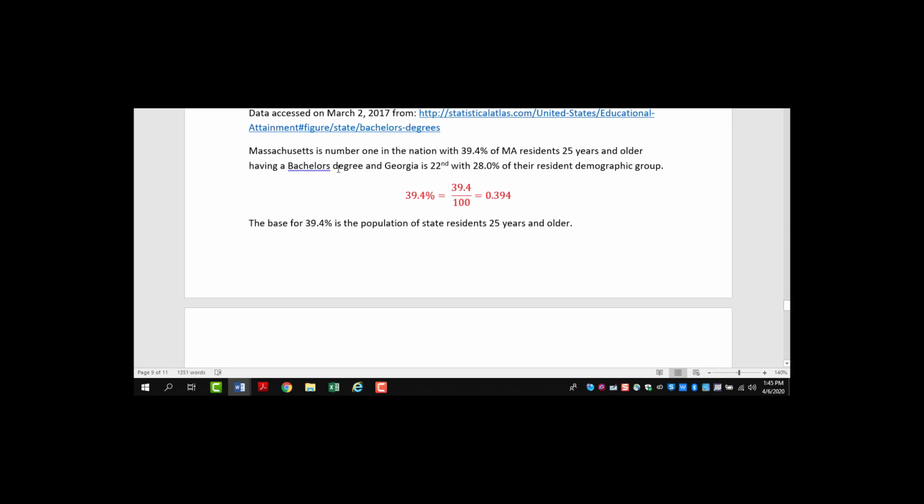And the answer is simple. Because Massachusetts has less people, so it has a higher percentage of people with a college degree. Massachusetts is number one in the nation with 39.4% of residents 25 and older having a bachelor's degree, and Georgia is 22nd with 28%.